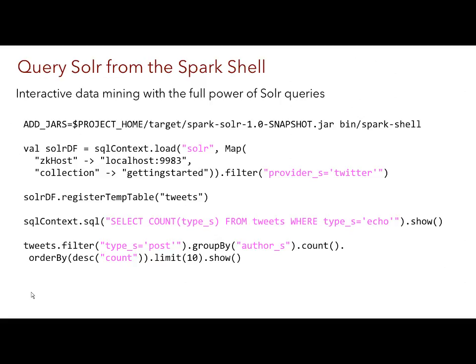So that's sort of an ornery way, I guess, of doing a facet on the authors with the most posts using the DSL here for data frames. But that gives you an idea that there's a really powerful data manipulation language behind the scenes built into data frames in Spark. And so again, by us exposing Solr as a data frame, and that's done through the DataSource API, you now have a very powerful language to actually work with Solr as well as other data sources.